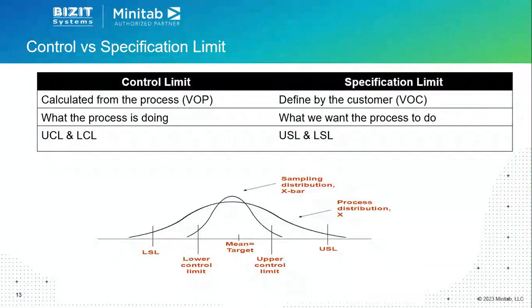If you want to see it visually, we try with a bell shape. You have the lower spec limit, the upper spec limit, and your own target here, and maybe here is your control limit.